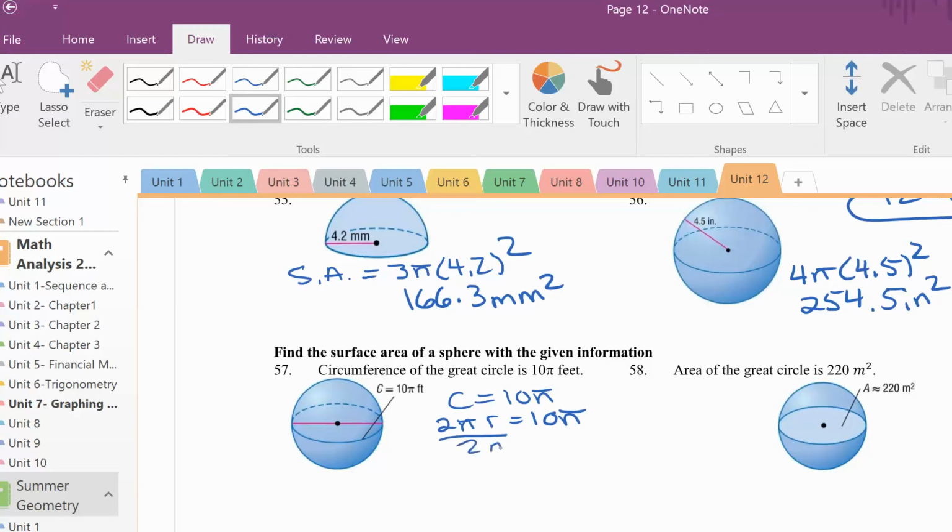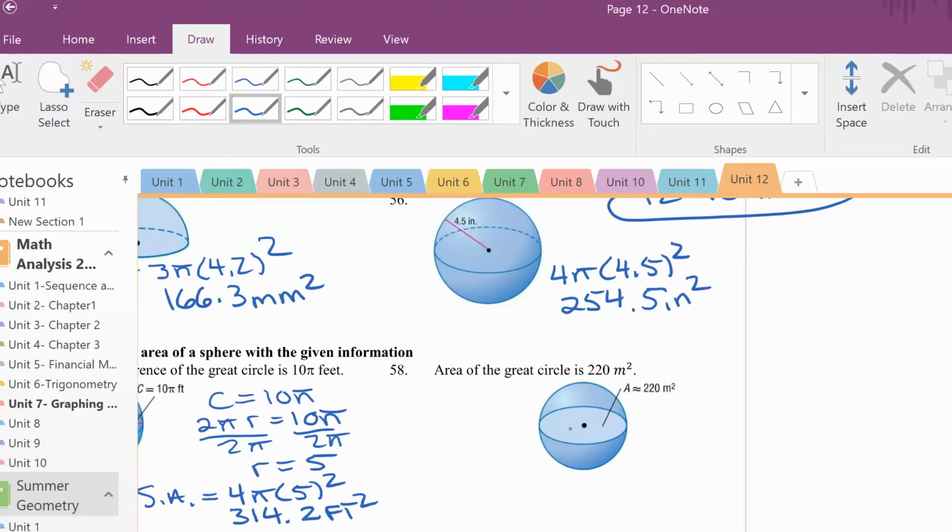So you divide by 2 pi, and that means r is equal to 5. So the radius is 5. So the surface area is equal to 4 pi times 5 squared, which is 314.2 square feet.